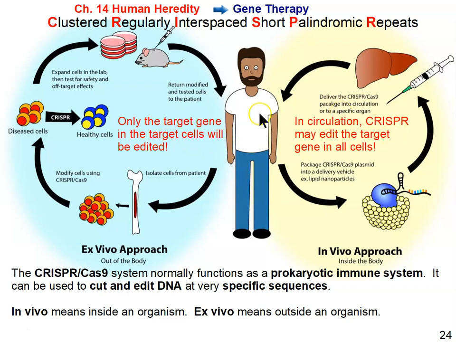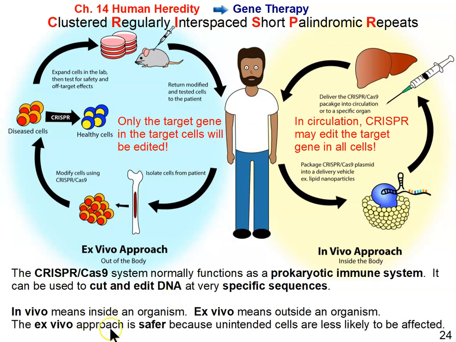So what I'm trying to get across to you here is that it looks like the ex vivo approach is a lot safer than the in vivo approach, because unintended cells are less likely to be affected.